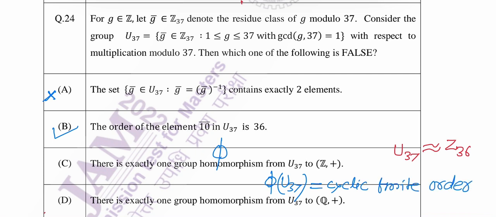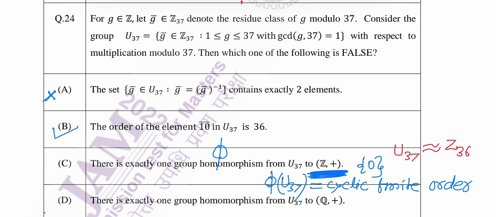It means that we have to find a finite cyclic group in Z plus, and there is only one finite cyclic subgroup in Z plus, the subgroup containing the identity element 0 of the set of integers.